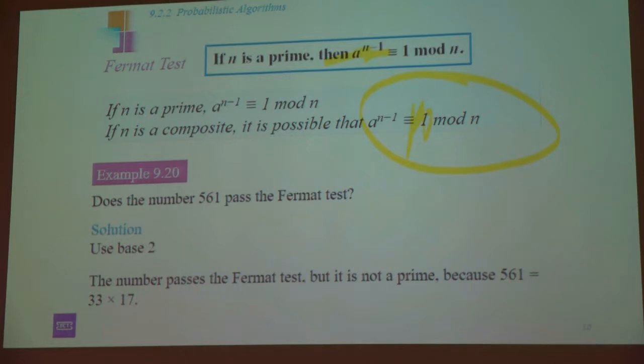Take the example here: does the number 561 pass the Fermat test? The number passes the Fermat test, but it is not a prime because 561 equals 33 times 17. It passes.